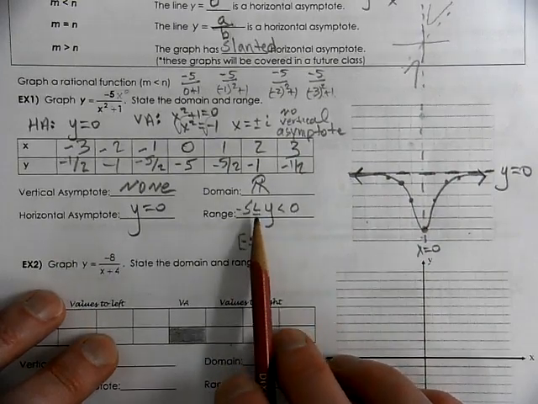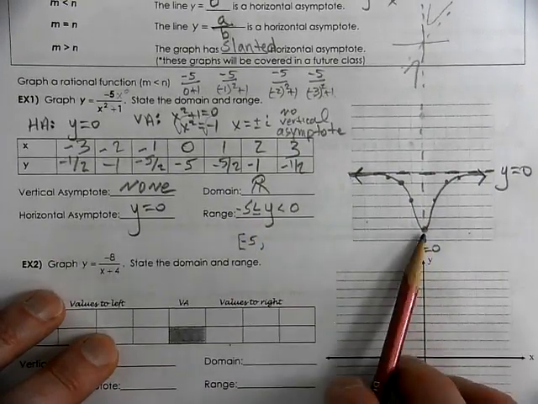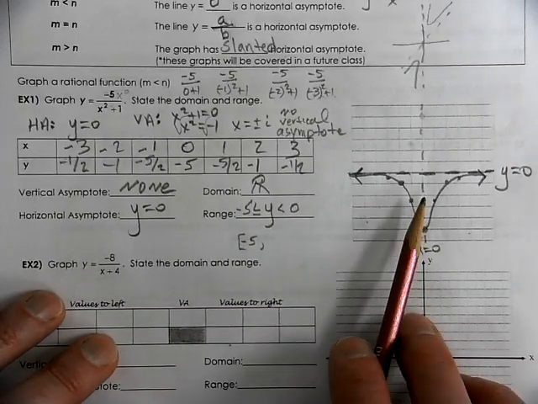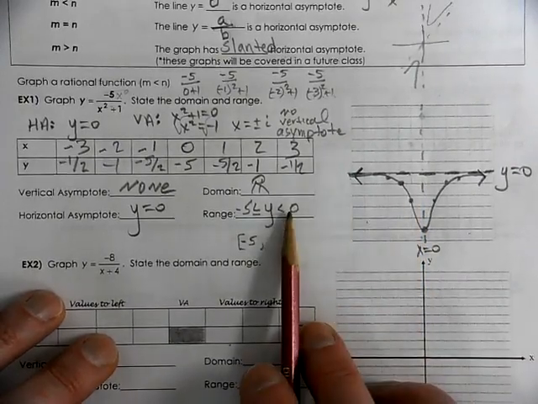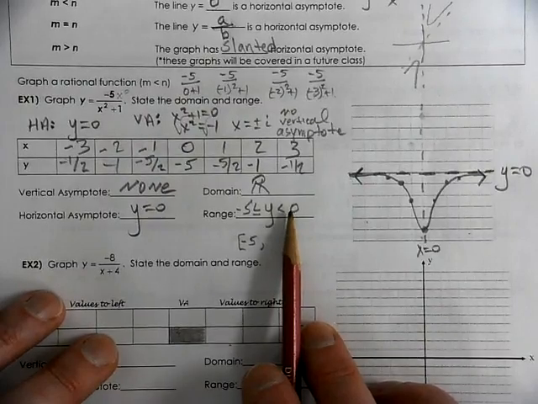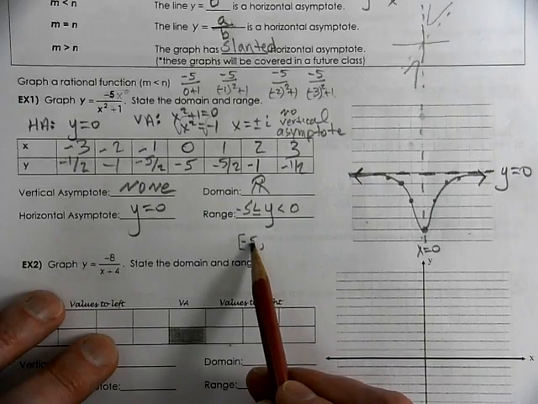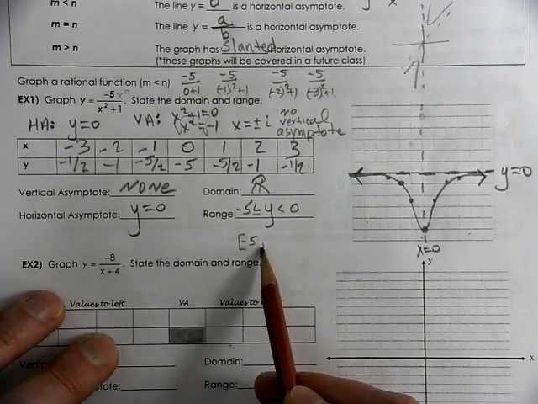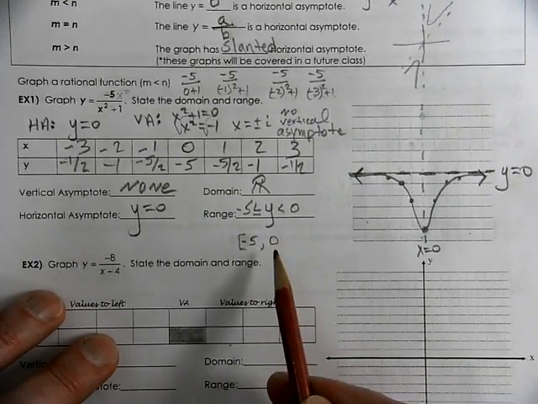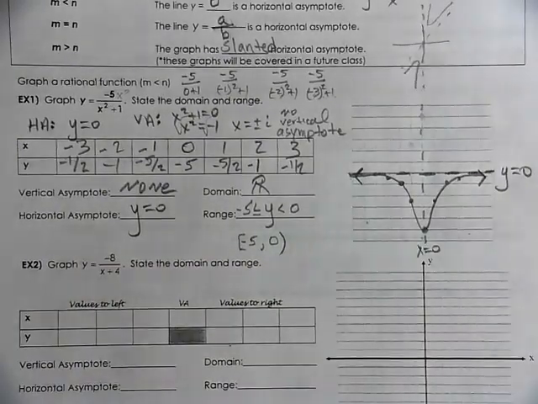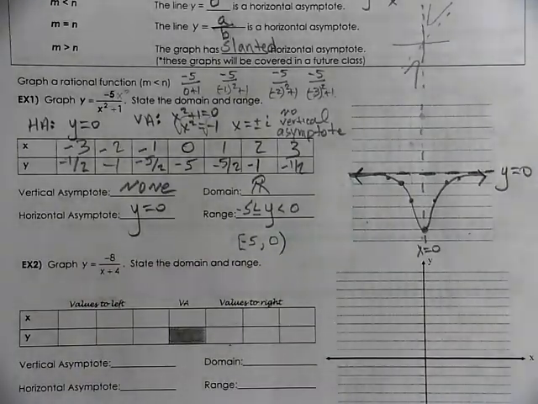So y is greater than or equal to negative 5 because it includes negative 5. It includes all the negative numbers all the way up until we get to 0. Interval notation, you would say negative 5 because that's your smaller number, comma 0. It doesn't touch 0, so we use a rounded bracket. There we are.